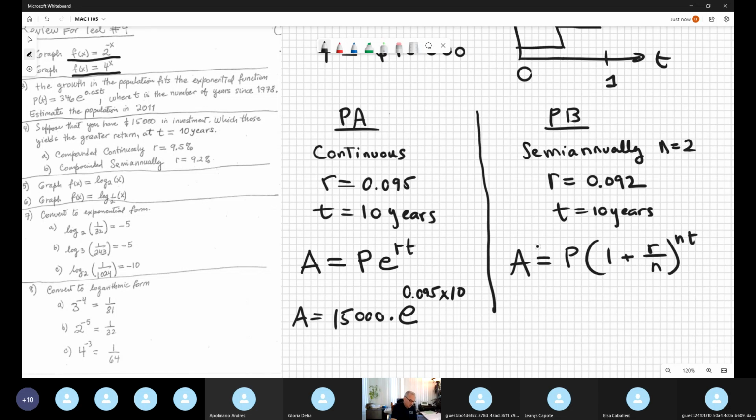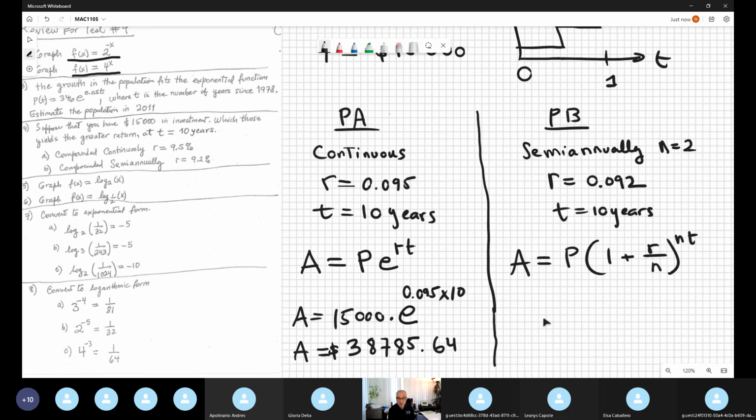Exponential 0.095 times 10. Exactly. The answer is 38,785.64. Remember, you truncate it to 2 decimal places because it's money, right? $38,785.64. This is the return using possibility A.